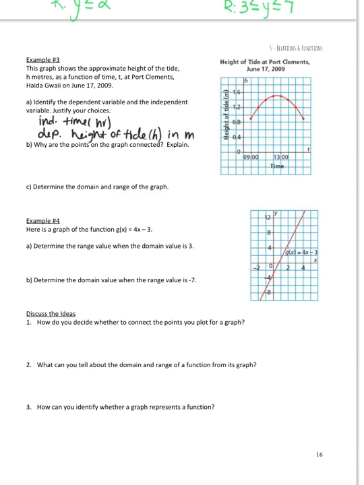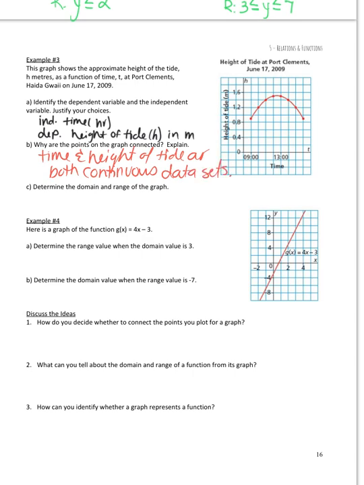It doesn't just go from 8 meters to 1.2 meters instantaneously with no in between, if you will. So because the height of the tide is not discrete and time is not discrete, they are both continuous sets of data. So time and height of tide are both continuous data sets.